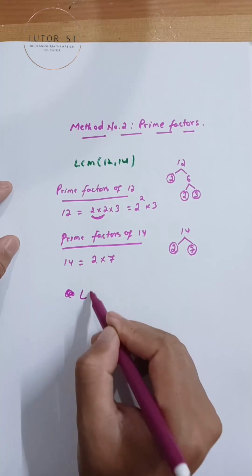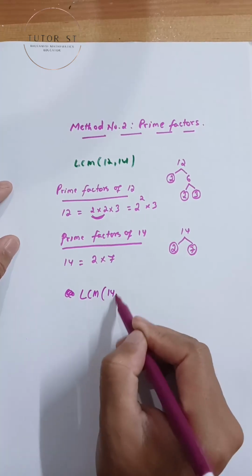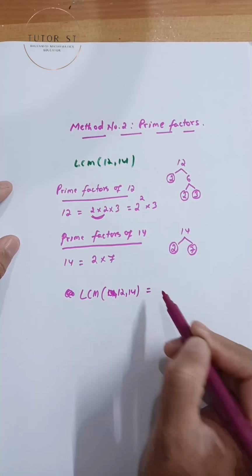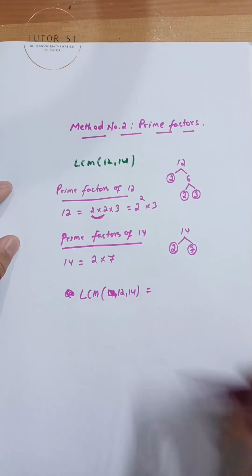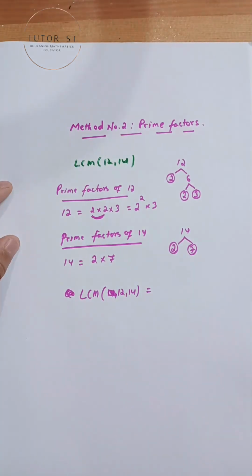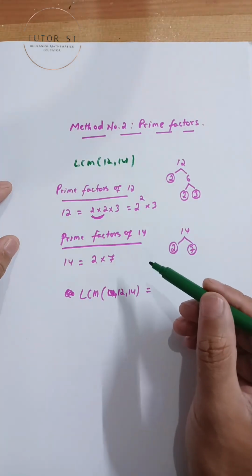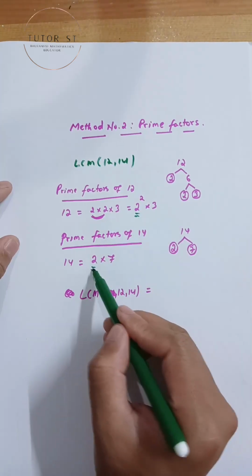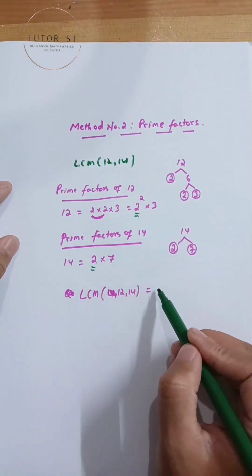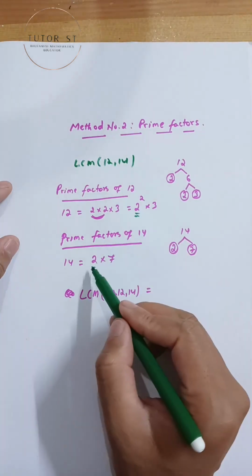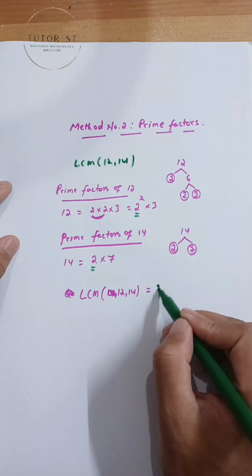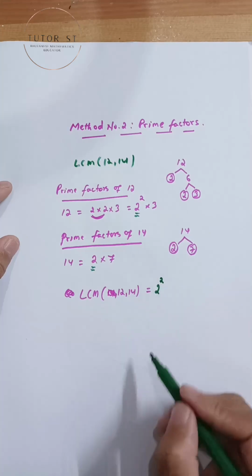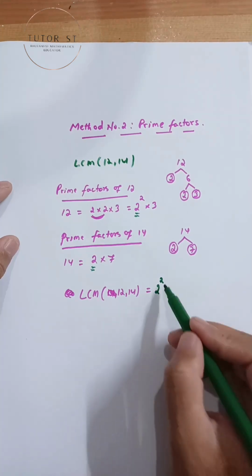After this, we are going to find the LCM of 12 and 14. When we determine the LCM of 12 and 14, we have to take the common factors. We have 2 here, we also have 2 here, but when we take these factors, we have to take the one with the highest exponent.